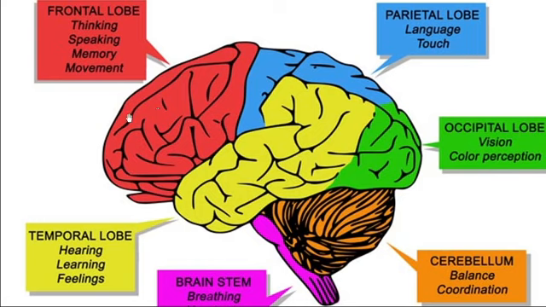Frontal lobes, what do they do for you? It's the one that enables you to think, speak, and gives you memory as well as movement. So, in this case, you have MMST: memory, movement, speaking, and thinking. The next one is the what?